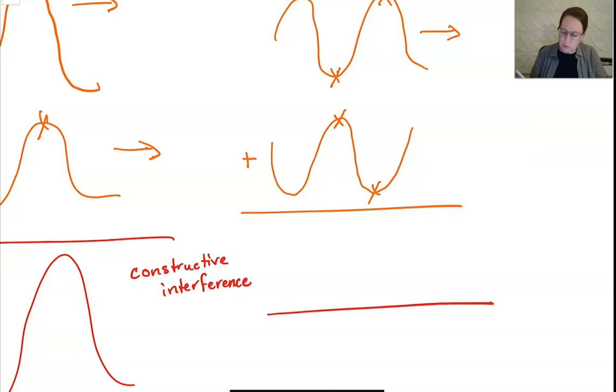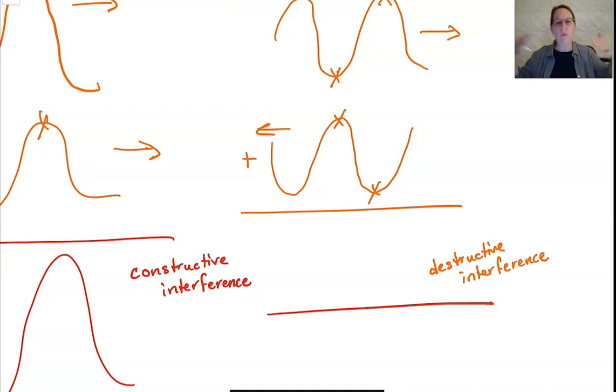And sometimes this happens when you have waves traveling sort of in opposite directions and they cross through and they cancel out, and this is called destructive interference. And then, of course, you can have basically anything in between. These just have special names when waves are coming together or adding to each other.